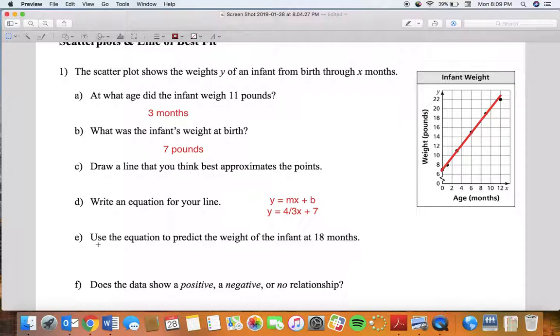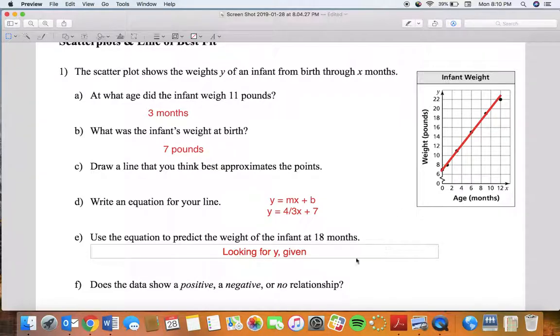Part E, use the equation to predict the weight of the infant at 18 months. So first I'm going to ask myself, am I looking for an x value or a y value? They're asking me to predict the weight. Weight over here is on the y-axis. So I'm looking for a y value. Let me type this down. I think that's going to be helpful. Looking for y. I am given 18 months.